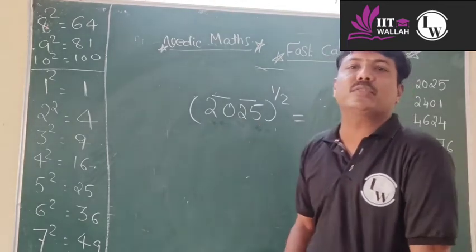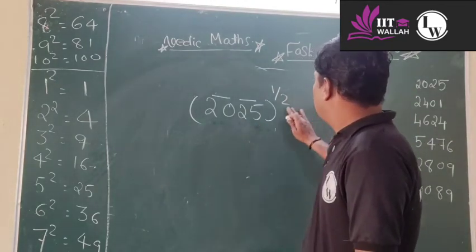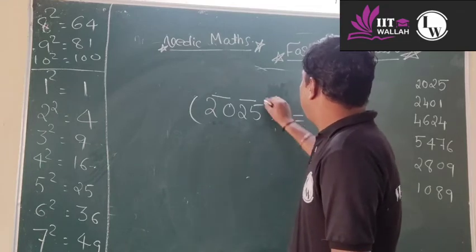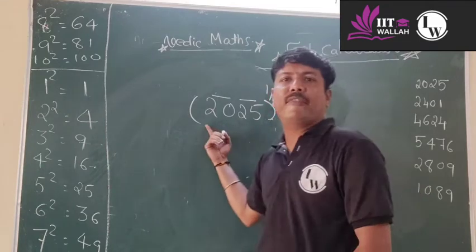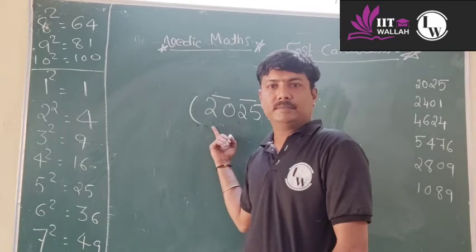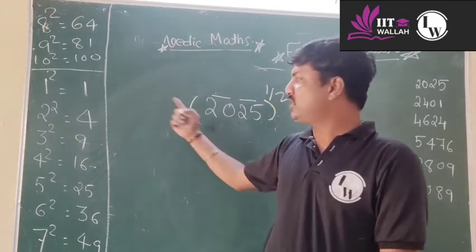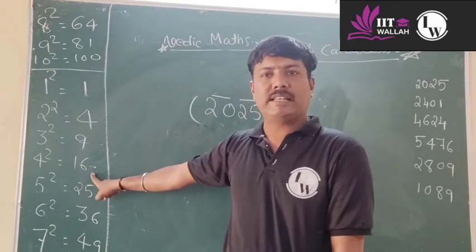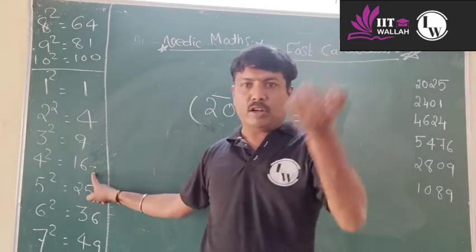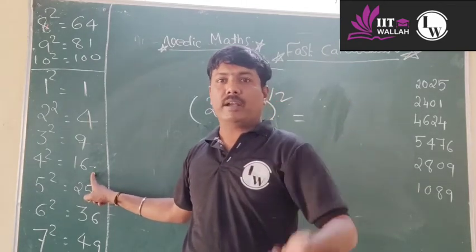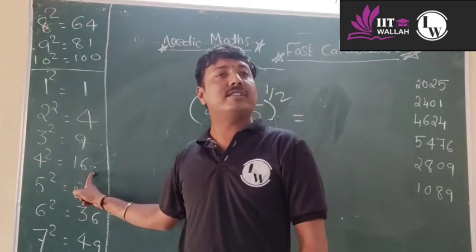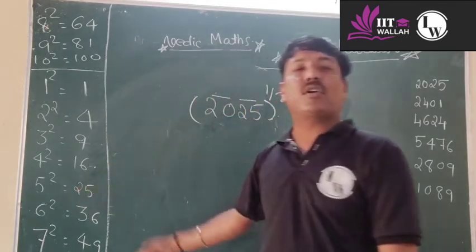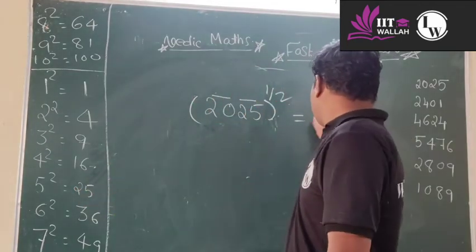First we need to think which is the perfect square nearby 20. The perfect square nearby 20 is 16, below 20. We always consider the one below 20, not above. Which is the perfect square below 20? 16. And what is the square root of that? The square root of that is 4.